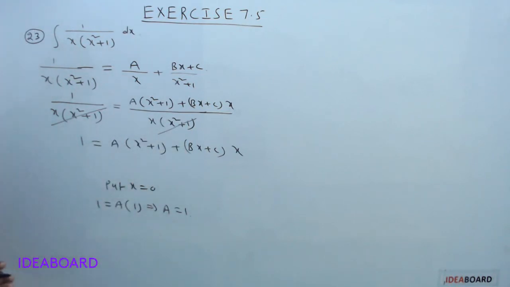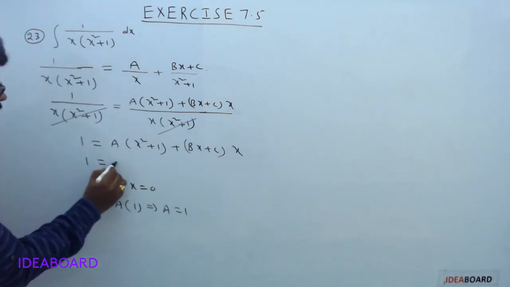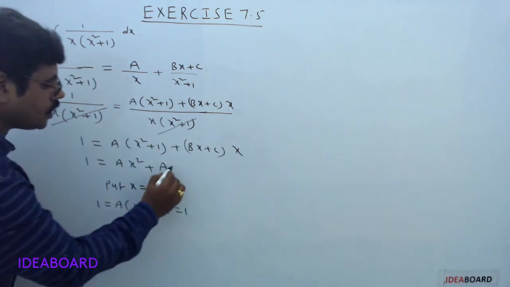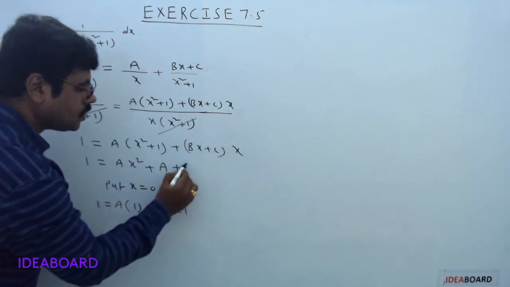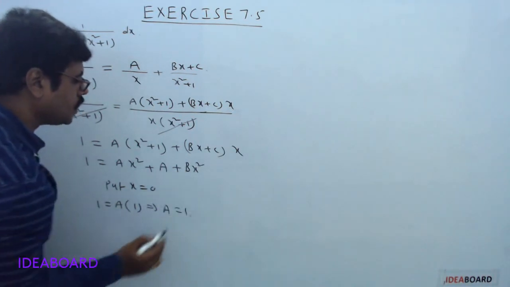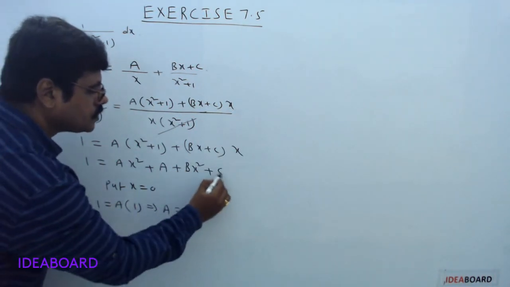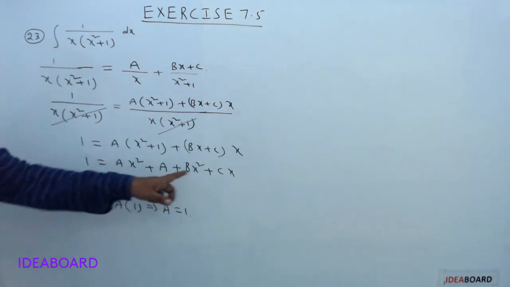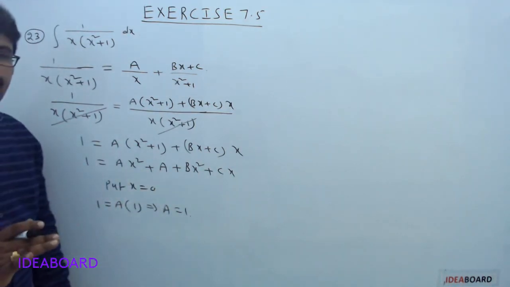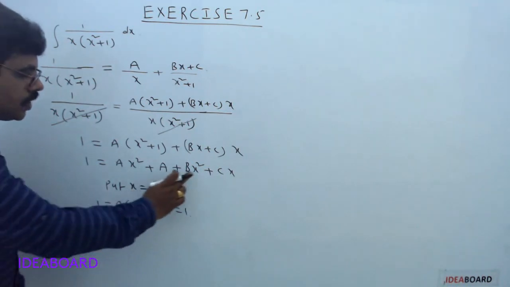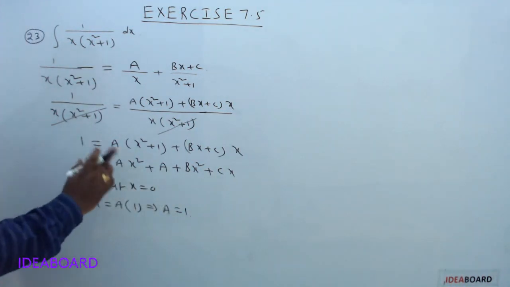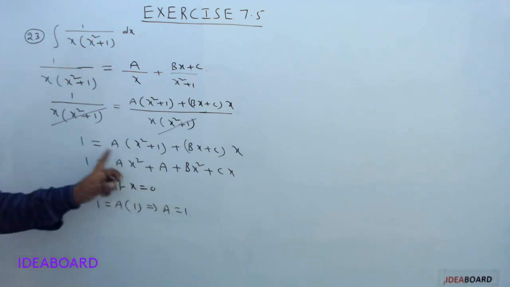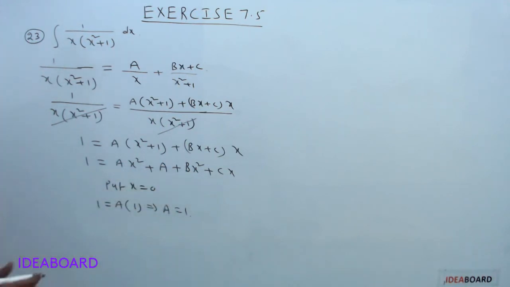Then, find the values of b and c. First, simplify this equation. This is 1 equals a into x square plus a plus bx into x, bx square plus cx. Now here, from this equation, you can compare the coefficients of x square terms on both sides.